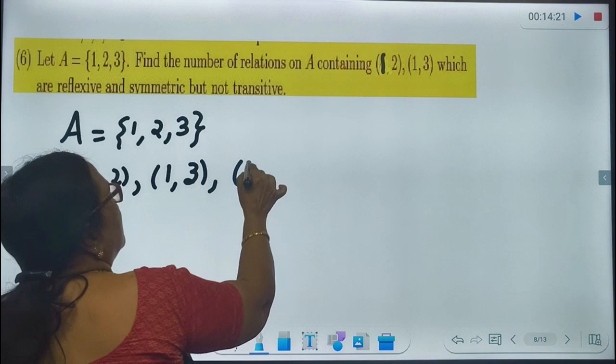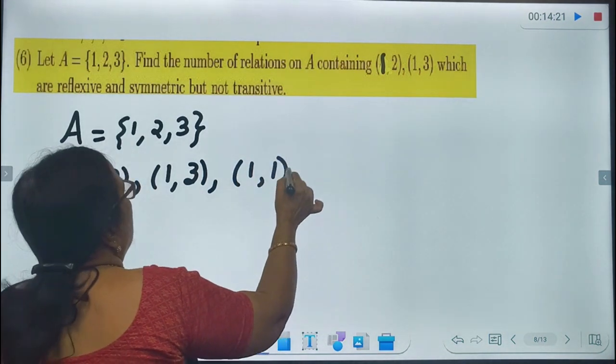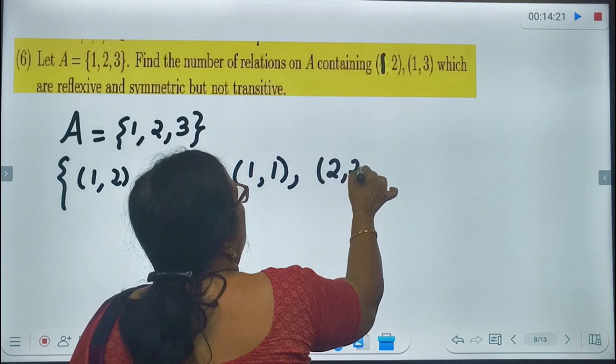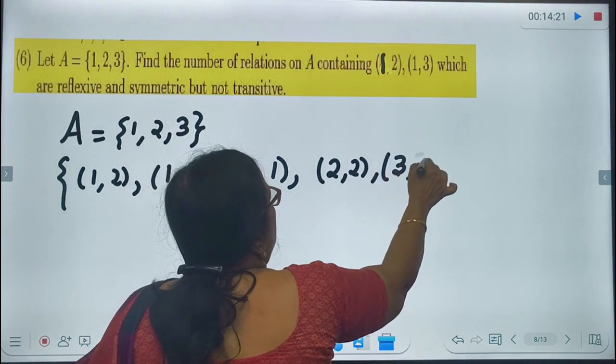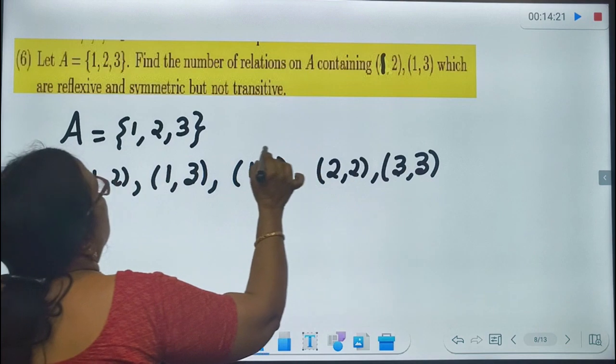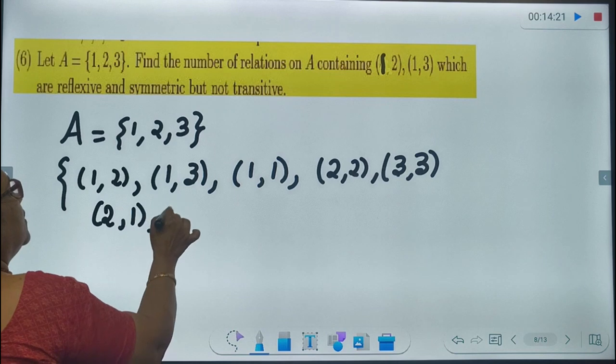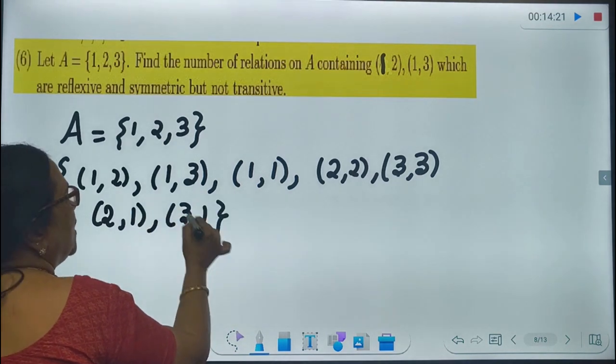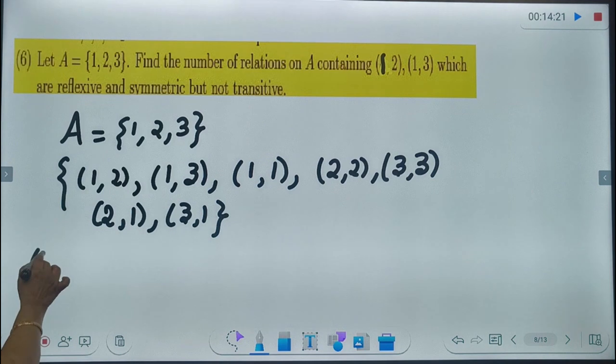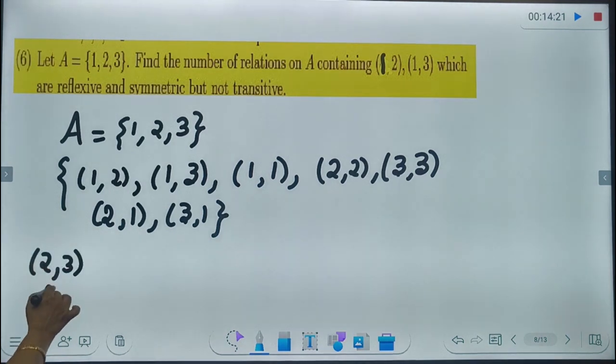Since it is reflexive, it should contain (1, 1), (2, 2), (3, 3). And symmetric, so it should contain (2, 1) and (3, 1). So now what is left out? (2, 3) and (3, 2).